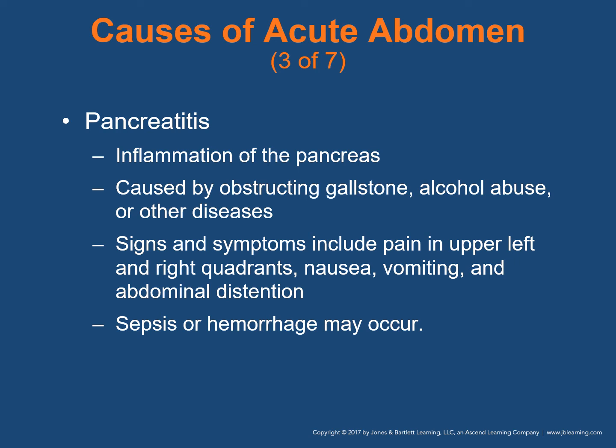Some of the signs and symptoms that you're going to see are pain in the upper left and right quadrants, nausea, vomiting, and abdominal distension. If the infection is bad enough, your patient may actually end up in sepsis, which you know is kind of a full infection, or a hemorrhage may occur.